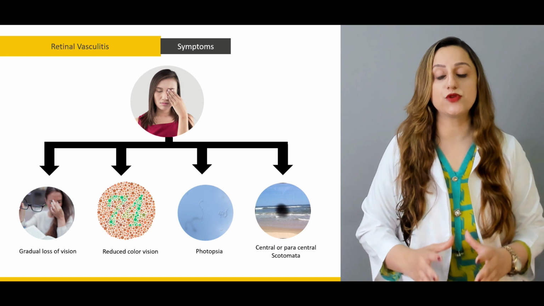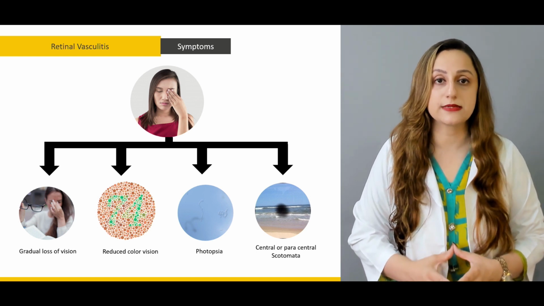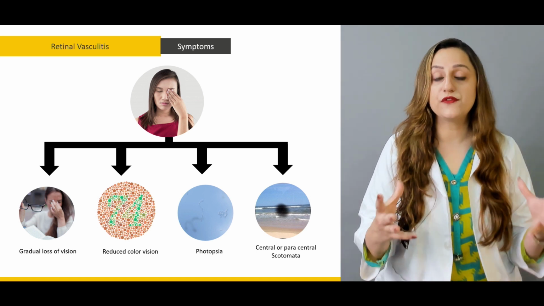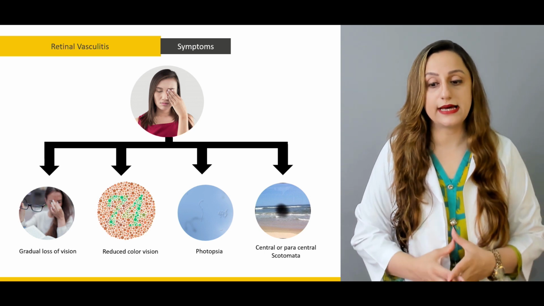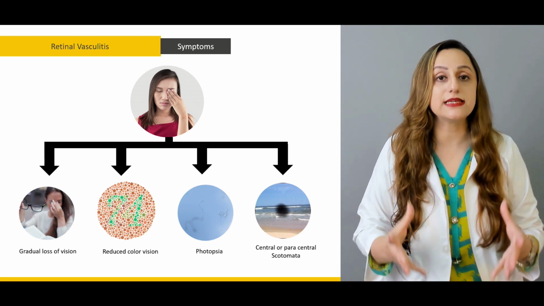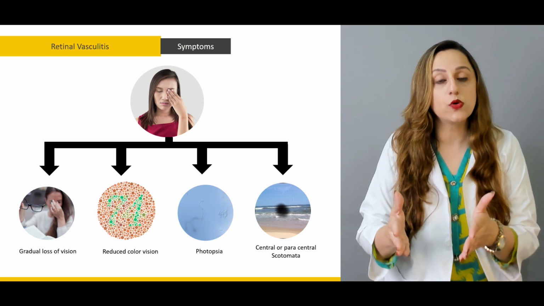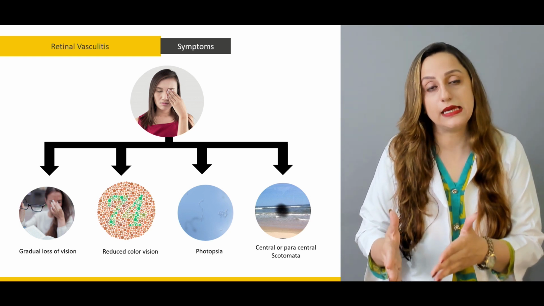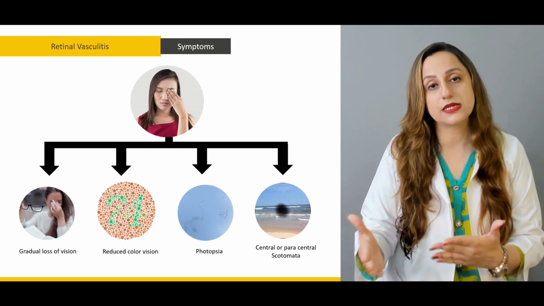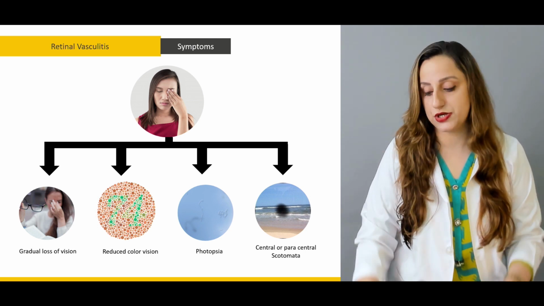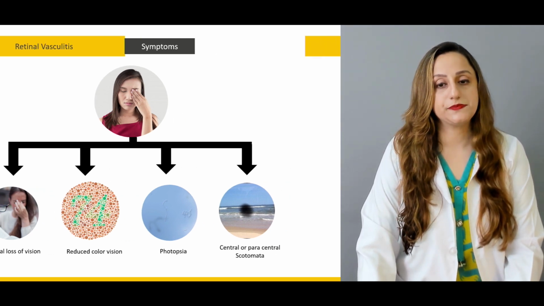Then we have central or paracentral scotomas. There is a visual field defect that can be central, as emphasized in this diagram. This is how a patient suffering from retinal vasculitis would look at this particular picture.